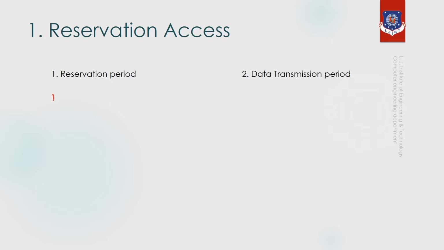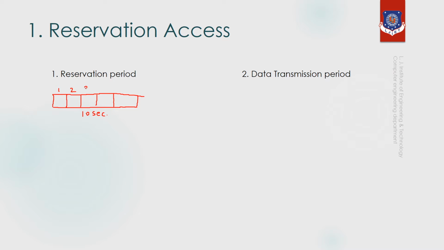So suppose length of the reservation period is 10 seconds and there are 5 devices in a network. So the reservation period is divided into n slots where n is number of devices. So in our example there are 5 devices, so the reservation period is divided into 5 slots.